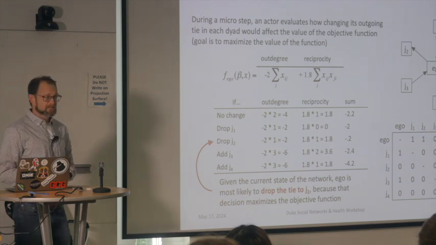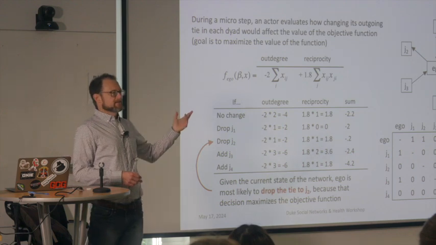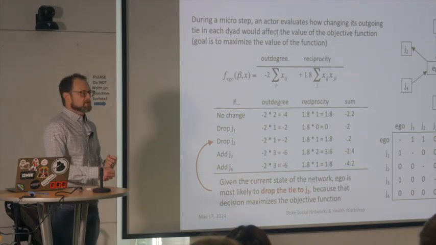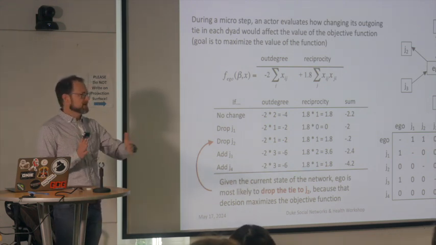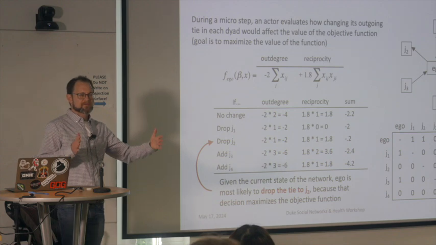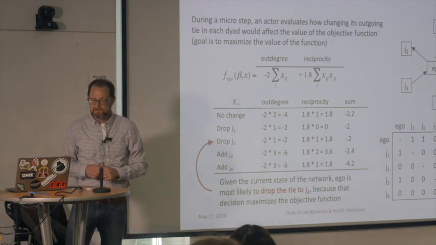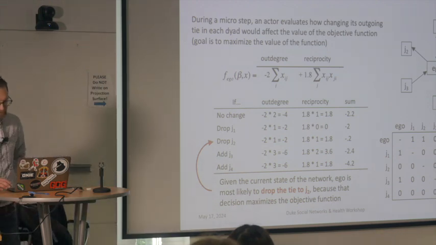So you can imagine over time, ego might drop the tie to J2 now, ego might add it later. We could see ties coming and going. This is a simulated sequence of changes between our two observations, so there might be all kinds of changes occurring and recurring over time.